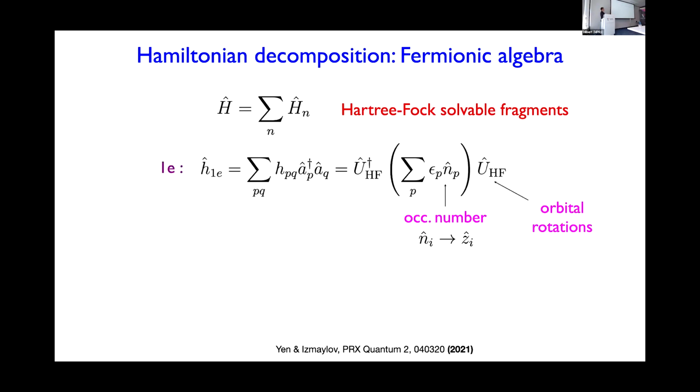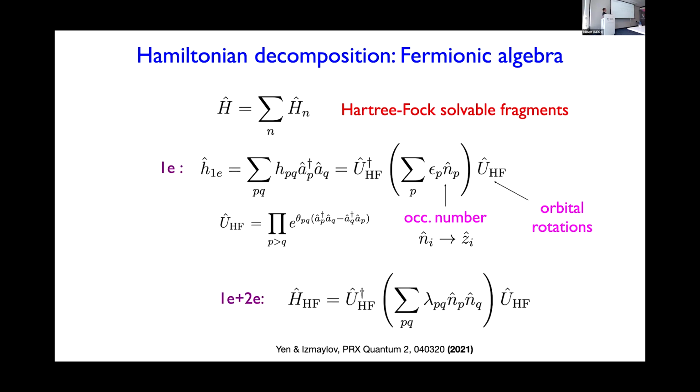To introduce that form, let's first consider one-electron Hamiltonians. They are always solvable by orbital rotations, right? These orbital rotations turn any one-electron Hamiltonian into a linear combination of occupation numbers, and occupation numbers go to the Z operators because of the mapping, right? These are like orbital rotations essentially.